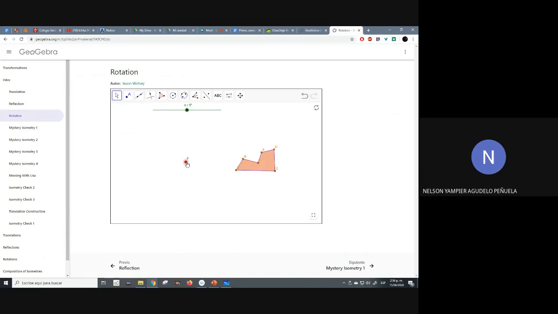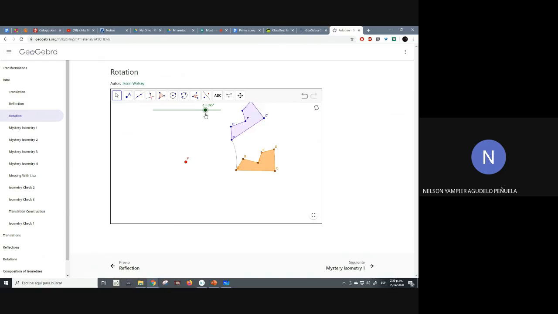Okay? And the other thing that you need is an angle. So this slider represents the quantity of an angle. Let me show you what happens when we increase that angle. You see a copy is created, an image, and you see that it is rotating as long as the angle increases. You see?